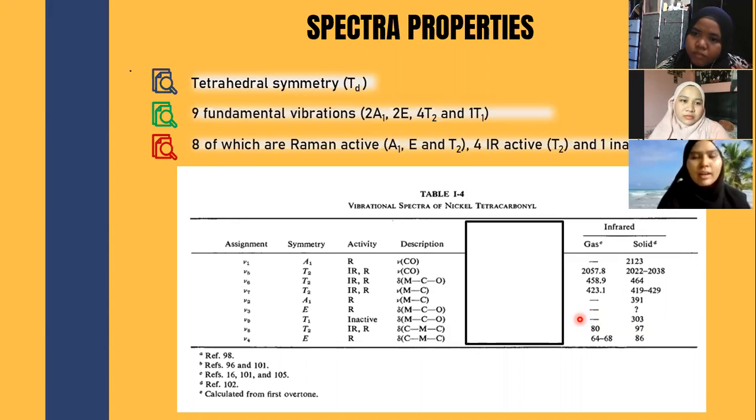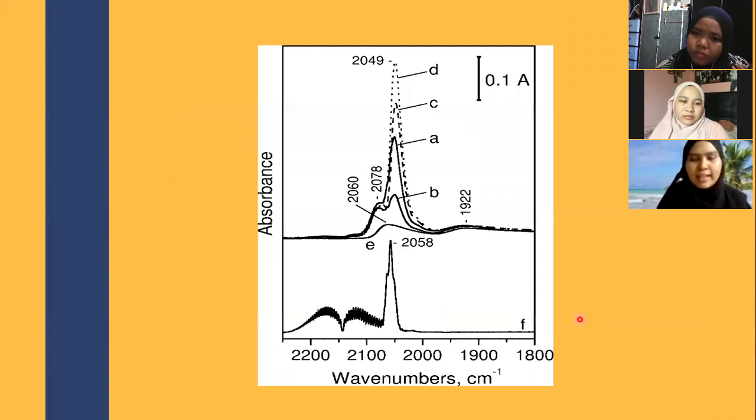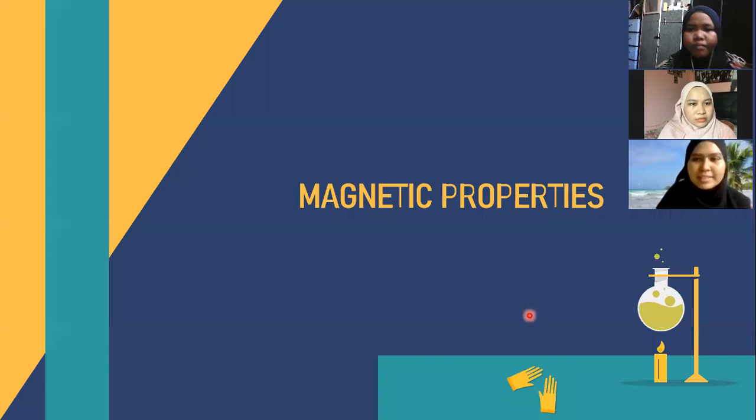Same as the spectrum that I will provide in the next slide. In this slide, look at the 2058 peak. This peak occurs due to the CO stretching bond from the T2 modes that I said before. So, that's it.